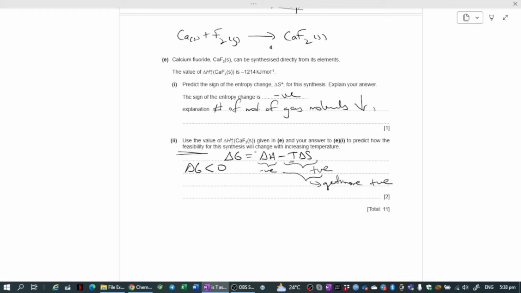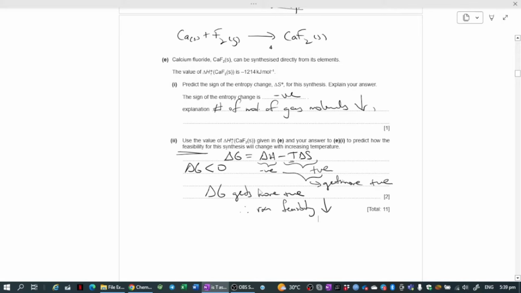And as this gets more positive, it means that our overall result, if we have a negative number and we are adding it to a positive number, will get more and more positive. So delta G gets more positive. Therefore, the reaction feasibility decreases as temperature increases, right?